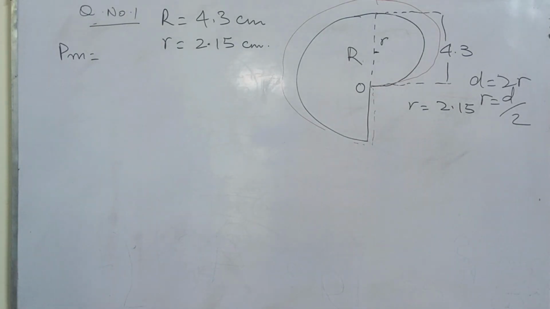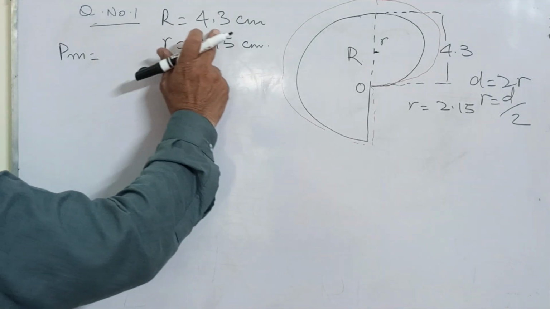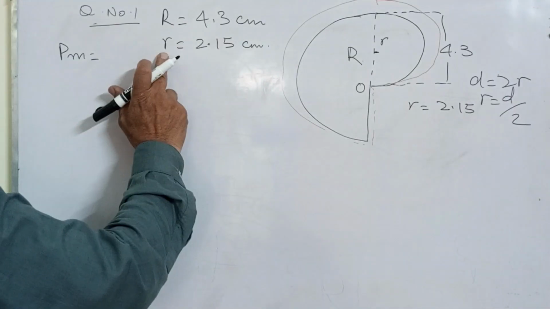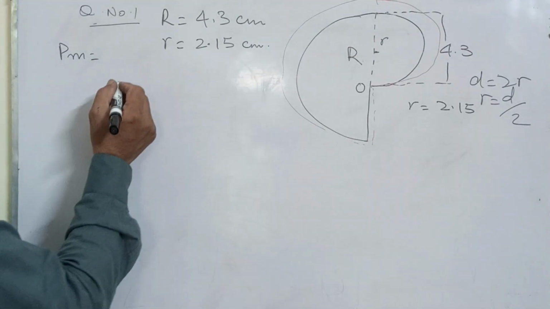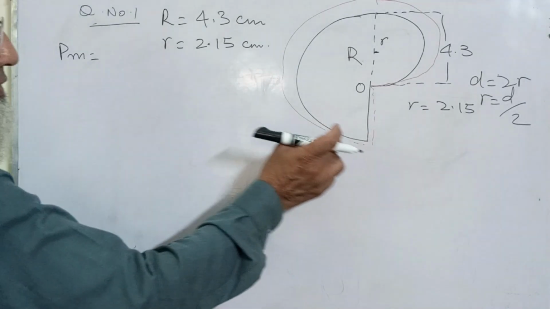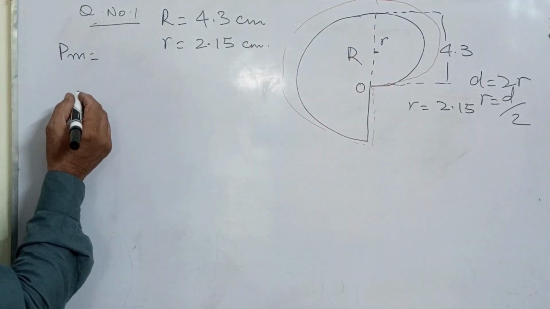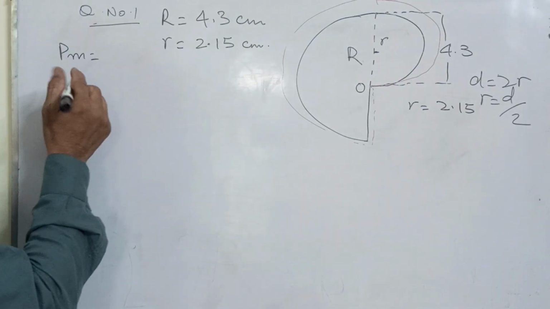So we have calculated two things from here, that the larger R is equal to 4.3 centimeter and the smaller r. Now what we do here is perimeter. First we'll take the perimeter of the larger circle.